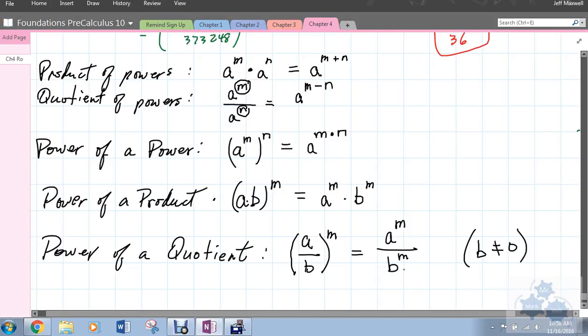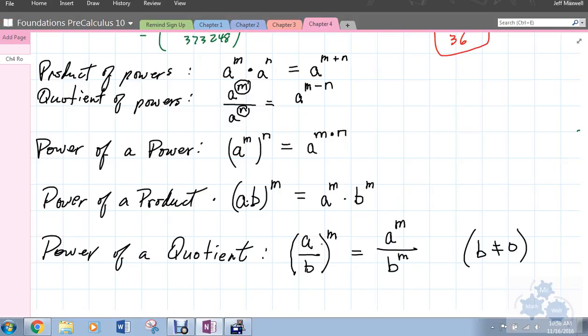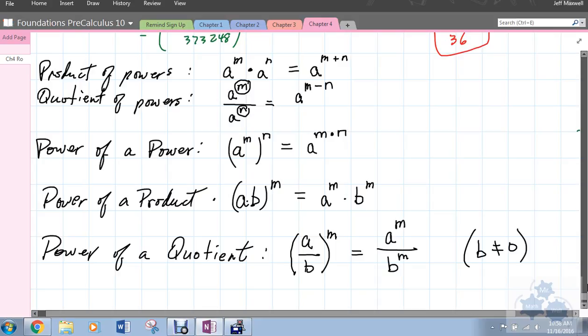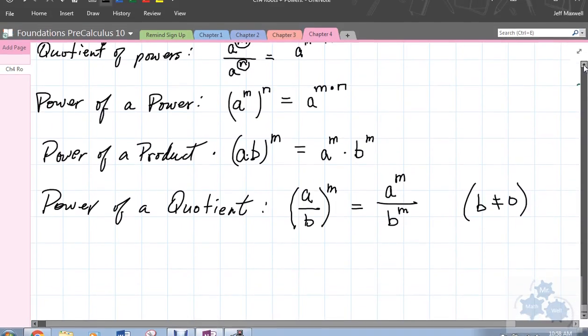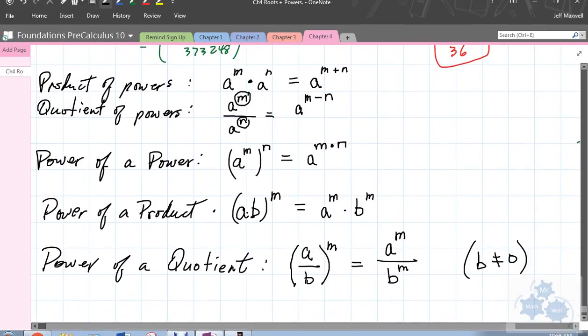Remember, we can't divide by 0 or 0 to any power. So if b is 0, we've got issues, right? You cannot divide by 0, and you can't take the square root of a negative number, or an even root of a negative number. These are alarm bells in math. The answers are not real. They're undefined.